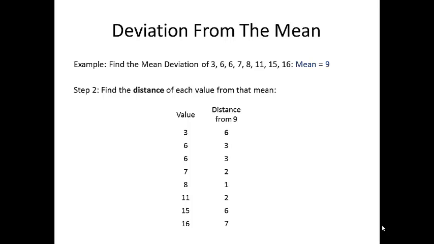Step 2. Find the distance of each value from that mean. For example, the first value in this set of data is 3. 3 is 6 away from the mean of 9. The second value is 6. 6 is 3 away from 9.